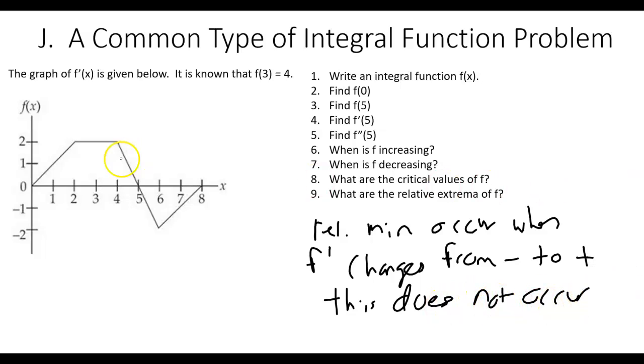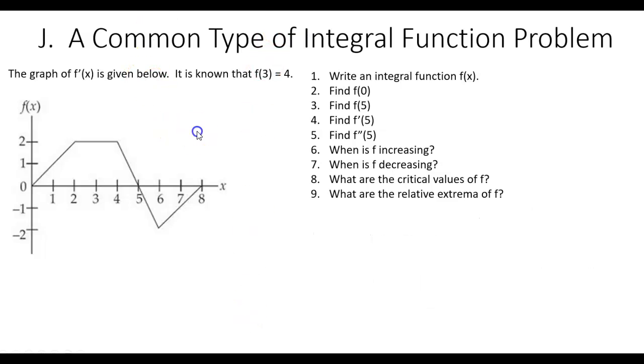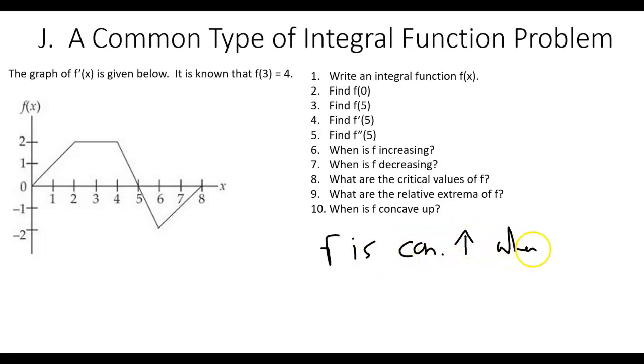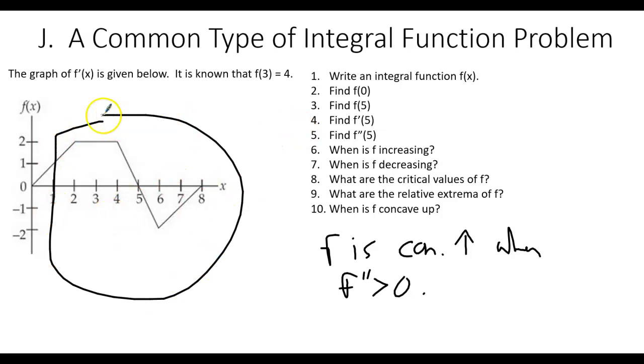Okay, so those are our relative extrema. That's another type of question I'll ask with these types of questions. Next, they're asking, when is f concave up? Well, f is concave up when f double prime is greater than 0. Now, f double prime, remember, that's the slope of this graph over here.